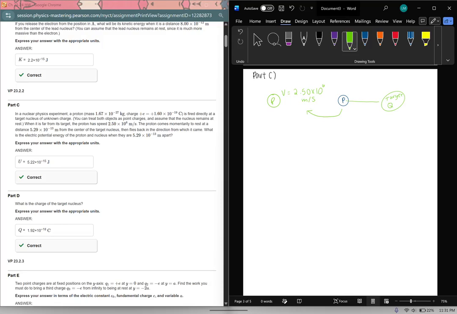So this is the distance, 5.29 times 10 to the negative 13 meters. It's from the center of the target nucleus, and it flies back in the direction from where it came from. So let me also write the mass here, which is 1.67 times 10 to the negative 27 kilograms.